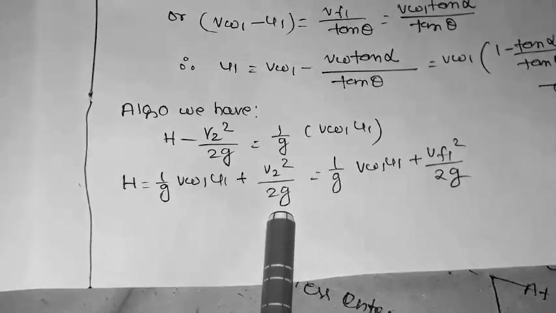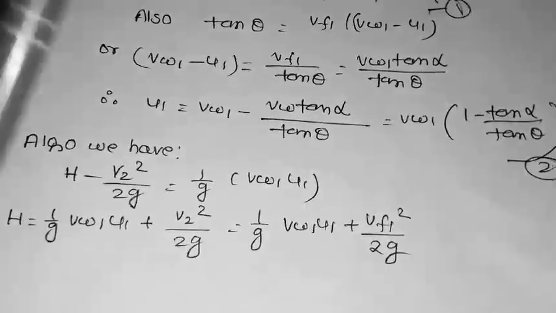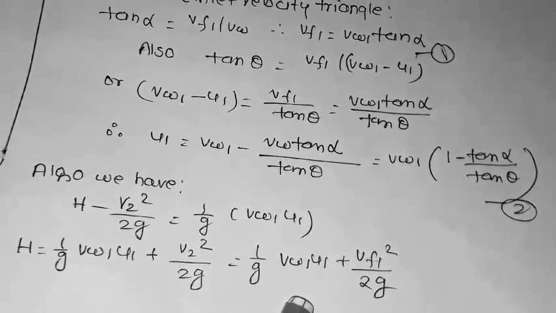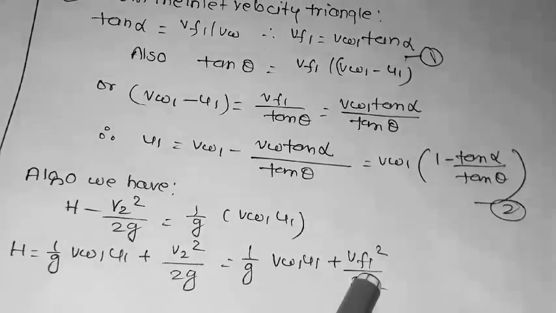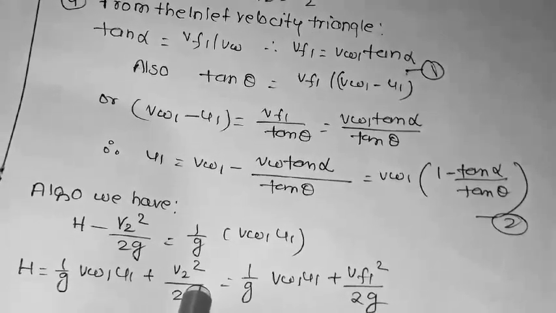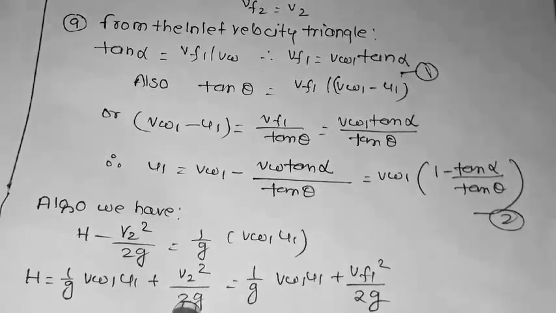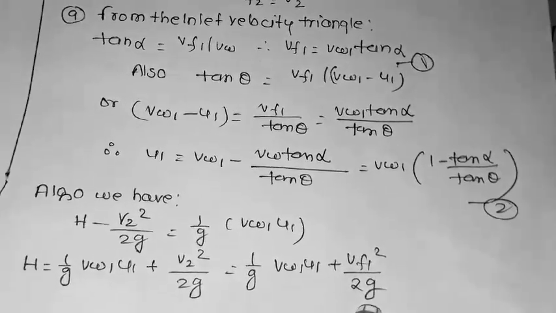Actually the V2 square upon 2g is the kinetic head at outlet, and this value becomes 1 by g Vw1 u1 plus Vf1 square upon 2g, because V2 is equal to Vf2 and Vf2 is also equal to Vf1. That's why V2 square upon 2g becomes Vf1 square upon 2g.